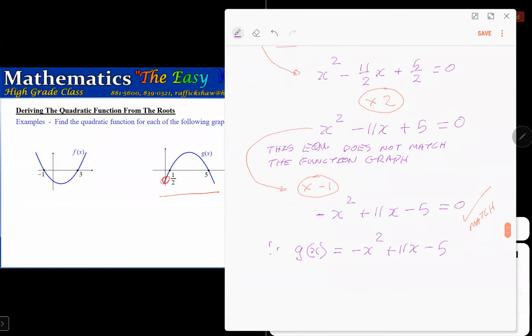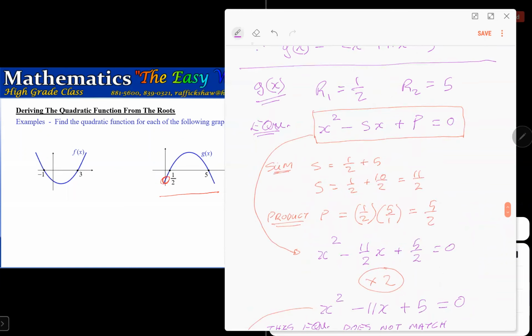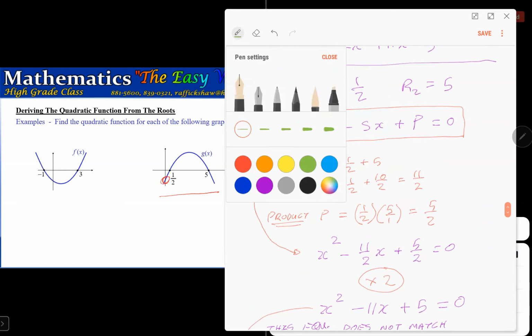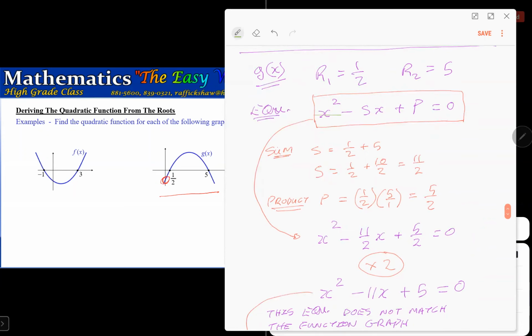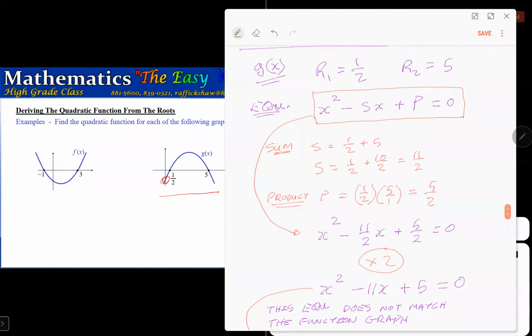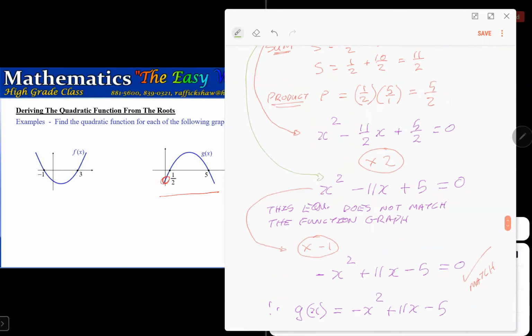What did we do? We started from the roots up here, in blue ink, shown in green. We came down from the roots, and we go all the way down to the equation here. But the equation never matched. So we go to the right equation that matches.